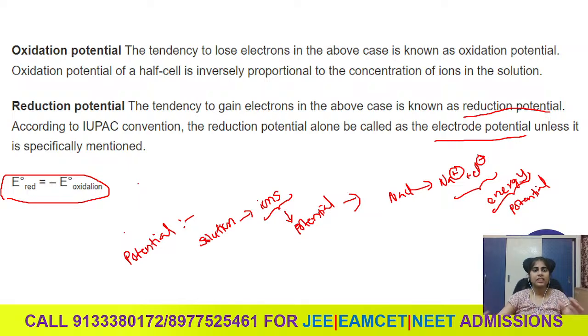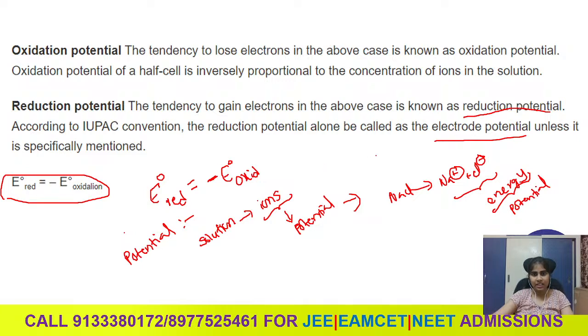The potential is denoted by E naught. So when it is reduction, it is E naught of reduction. When it is oxidation, E naught of oxidation. Both are equal, but they have opposite sign. These both are related in this way. E naught of reduction is equal to minus of E naught of oxidation.